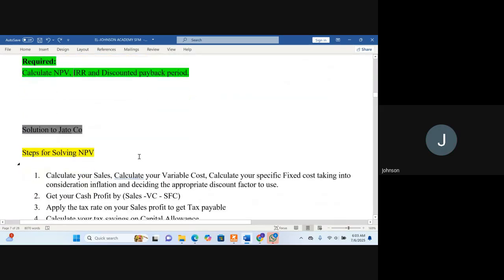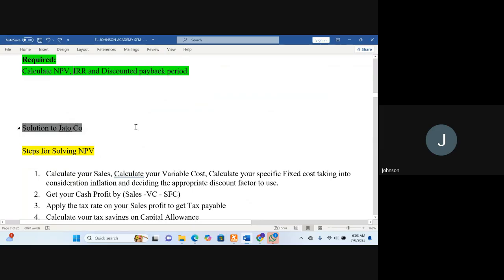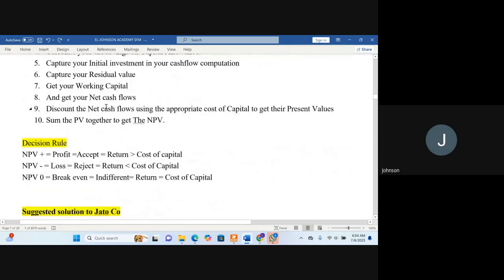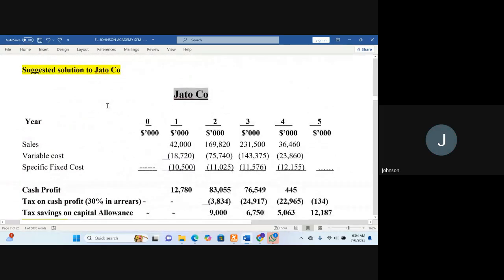Okay, so before the next class, I'll try and share this material on the group so that you can look at it and do the IRR for me. Let me see what your answer will be. Then we look at what the answer will be. So use that material to pass time before the next class begins.